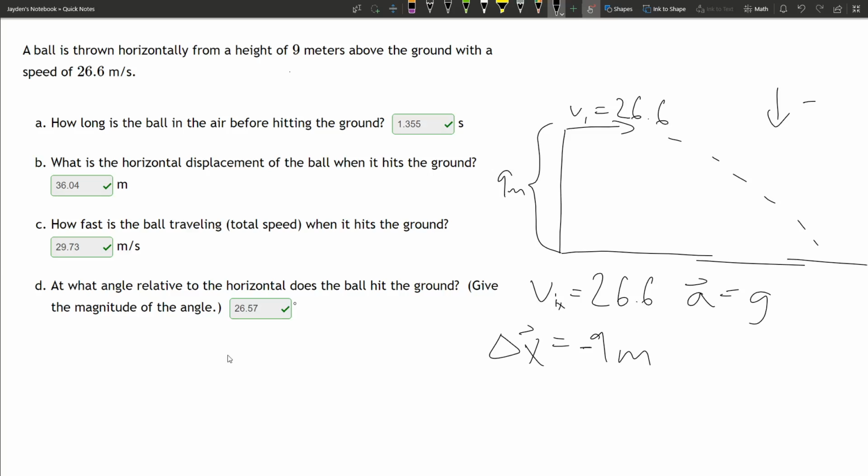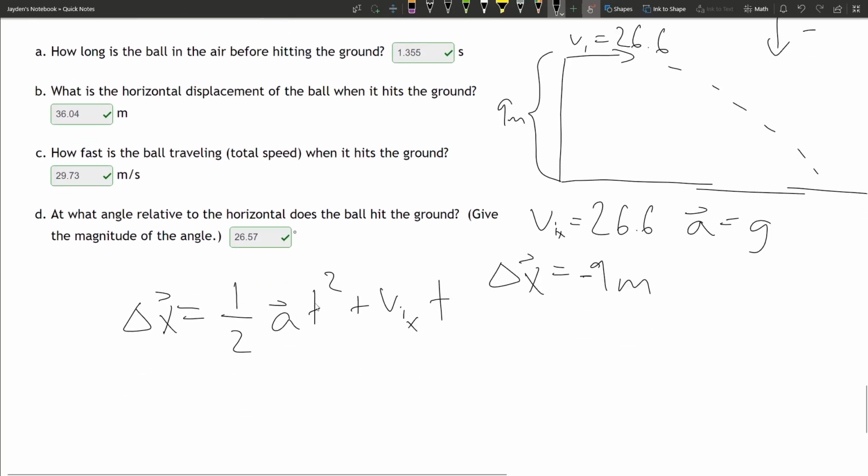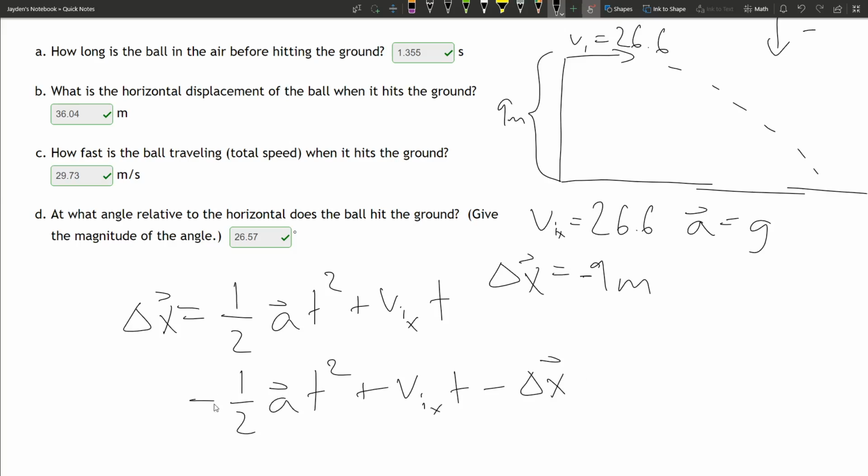So let's use the formula for all the values that we have. We can find time by rearranging everything into the quadratic formula, because this is equal to 0. And as you can see, this is a quadratic.